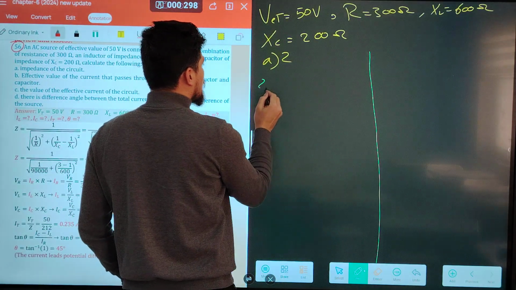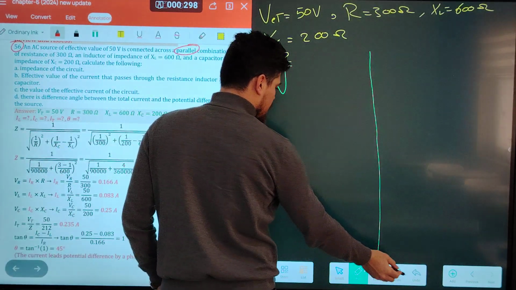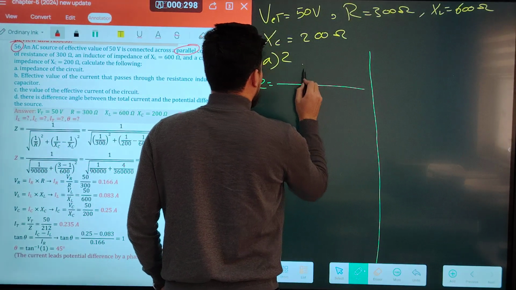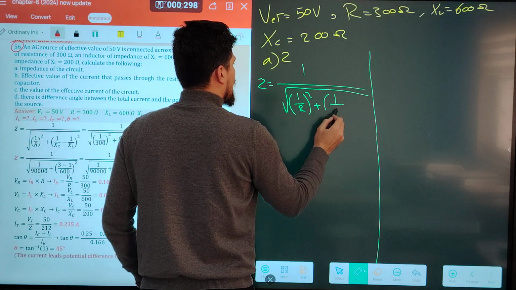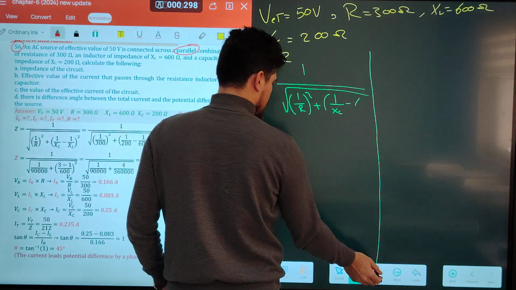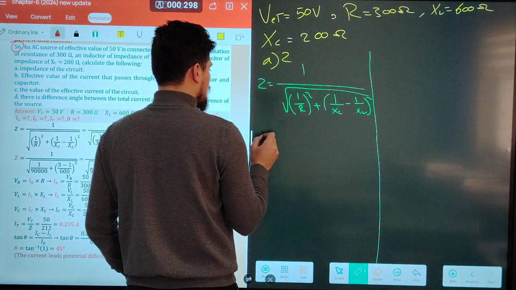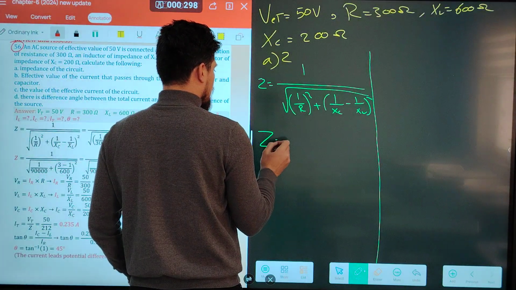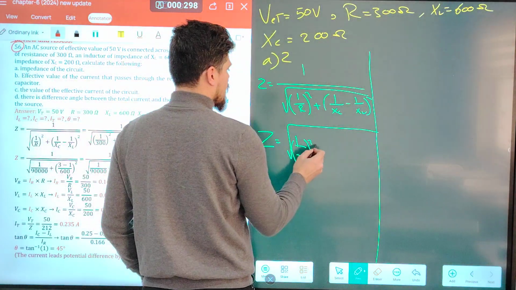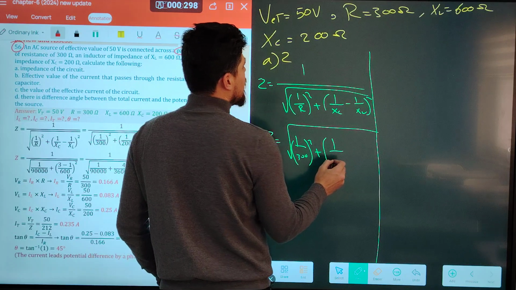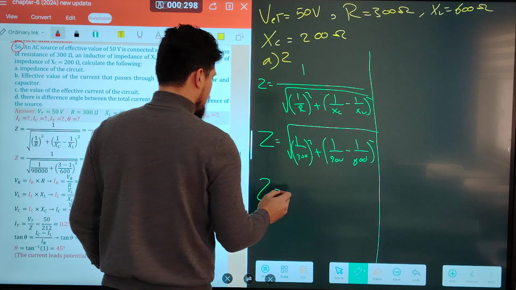Guys, look. Because the circuit is a parallel combination, Z is equal to 1 over the square root of (1 over R) squared plus (1 over XC minus 1 over XL) squared. So Z is 1 over the square root of (1 over 300) squared plus (1 over 200 minus 1 over 600) squared.